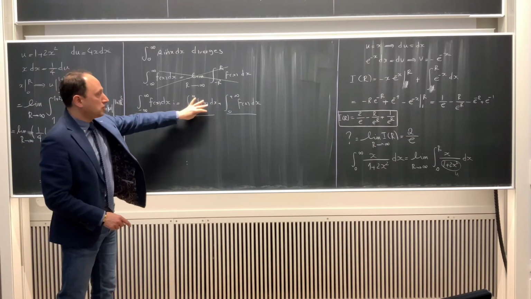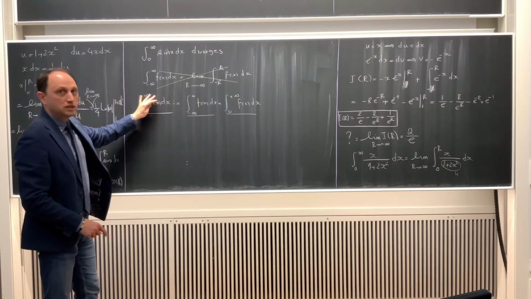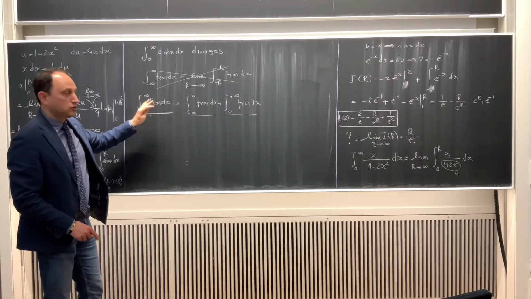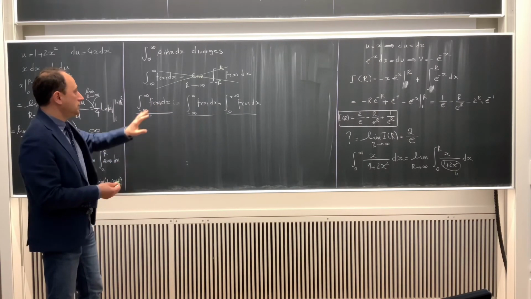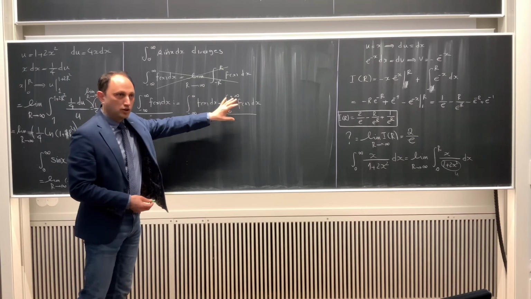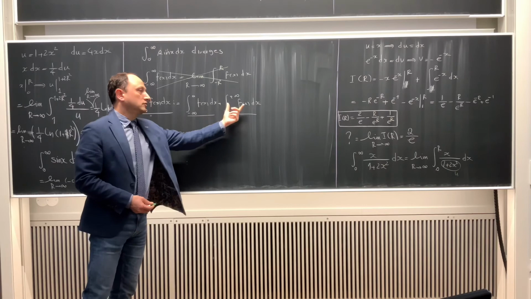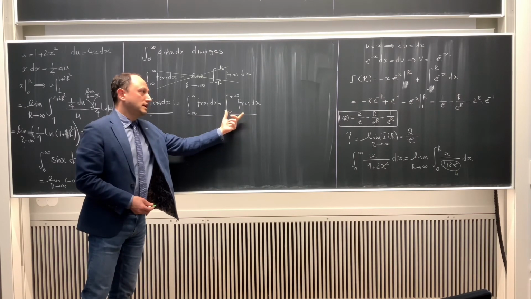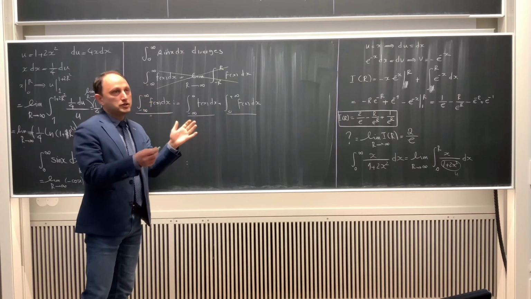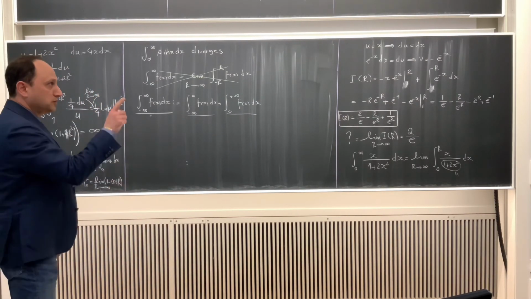So if one of them converges but the other one does not converge, we say that this integral does not converge. So by definition, this integral is called convergent if and only if both of them converge. And if one converges to, say, 5 and the other converges to, say, 7, then this one converges to 5 plus 7, 12. Okay? So let me just solve this problem and we stop there.